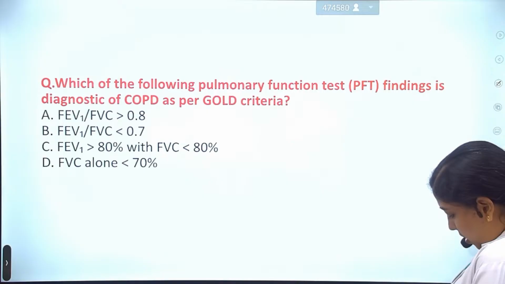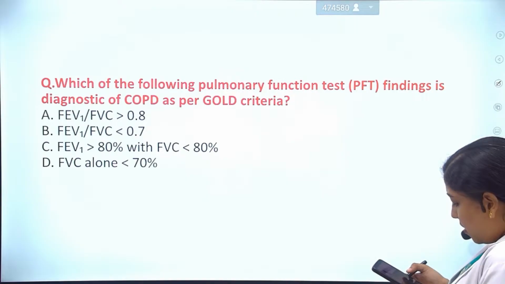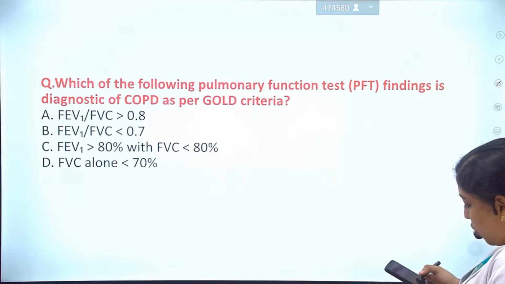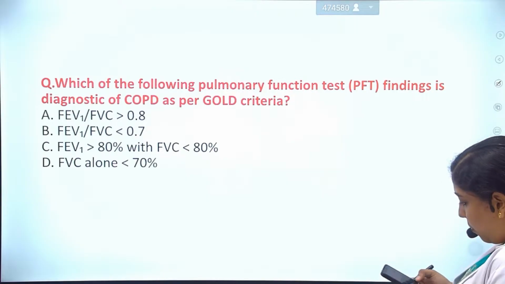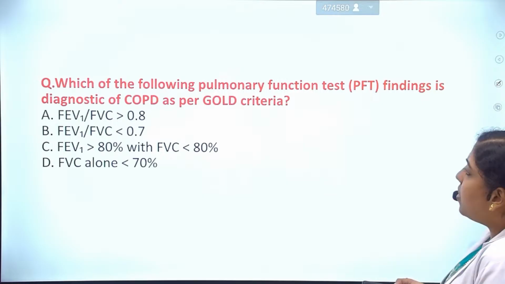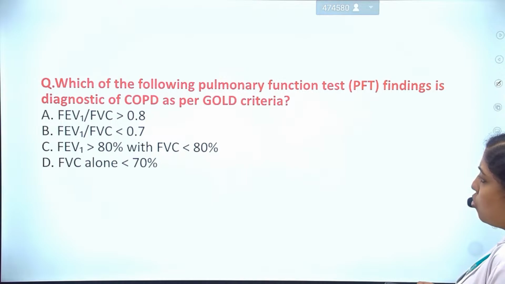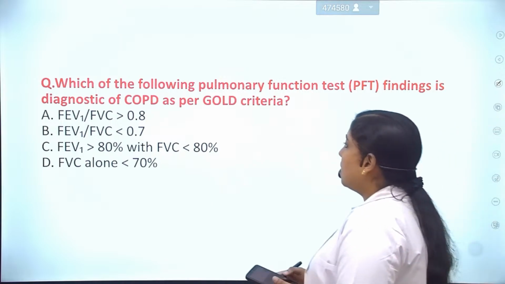Now answer me, medicos, everyone? Yes, I'm waiting for the answer. FEV1/FVC ratio greater than 0.8, it is normal. It is a normal finding.